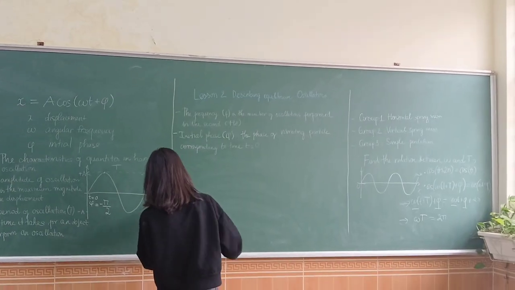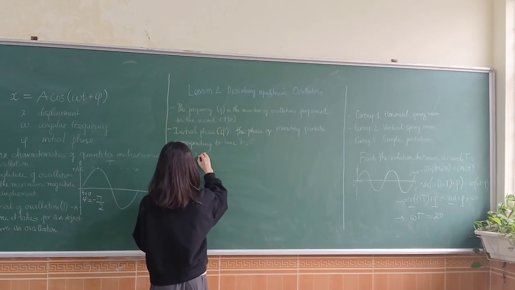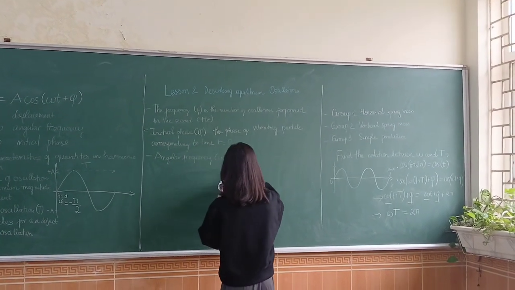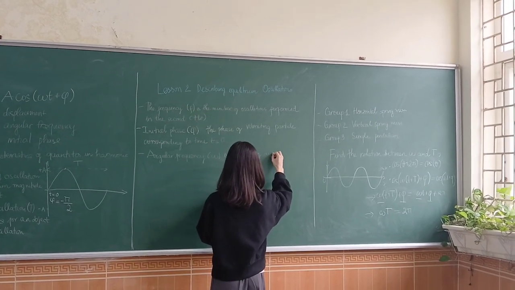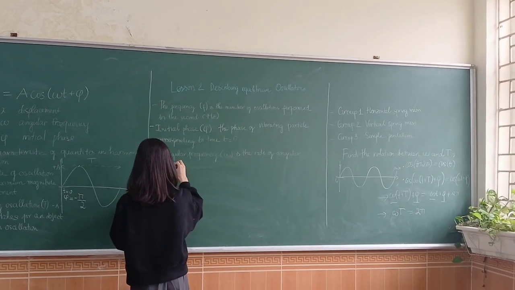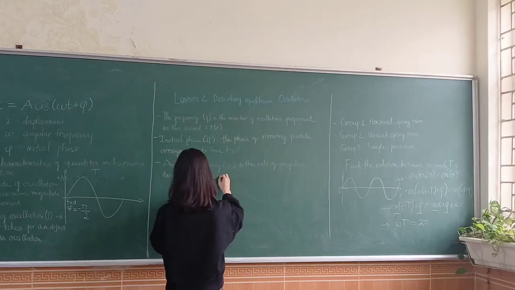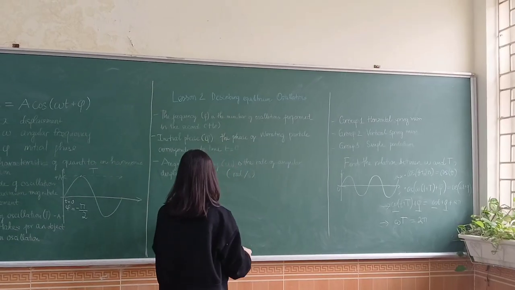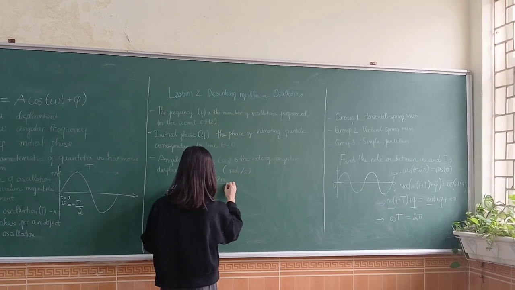Angular frequency omega has the unit radians per second, and the equation to find omega is 2 pi over T.